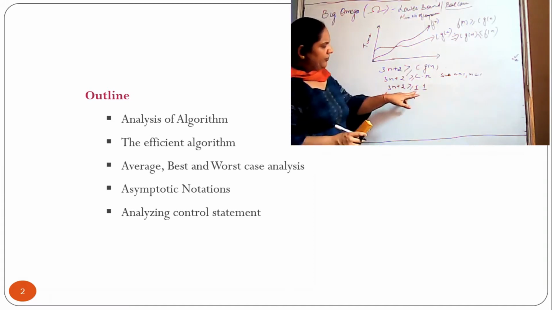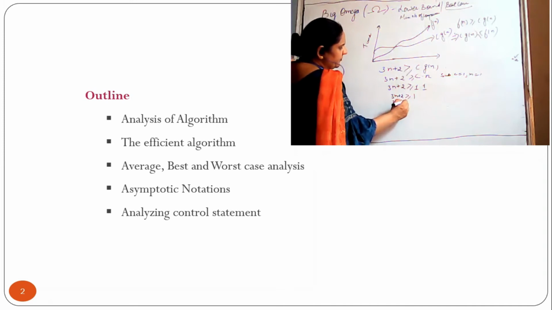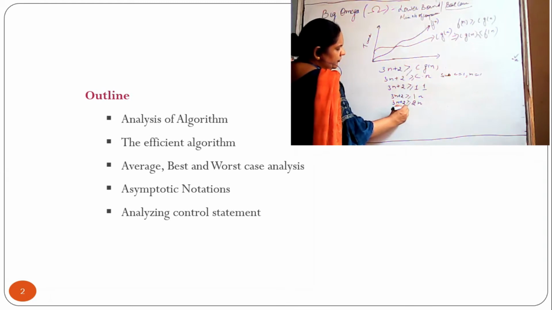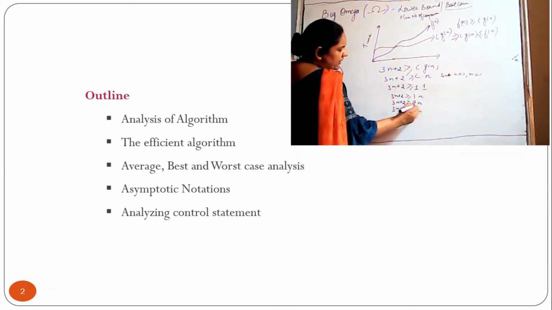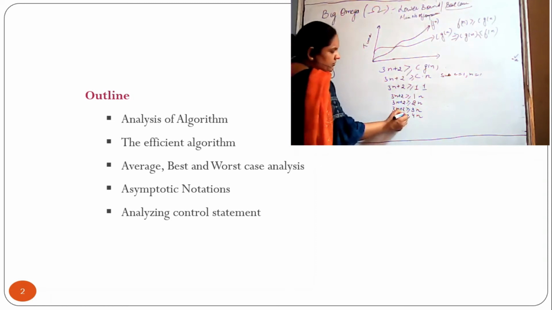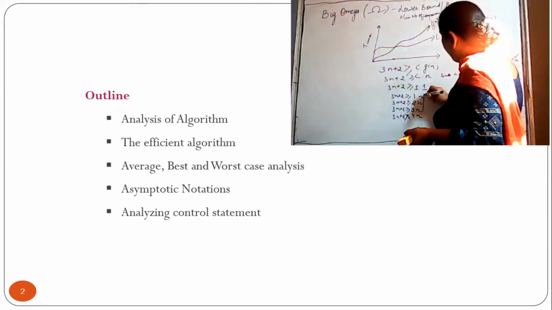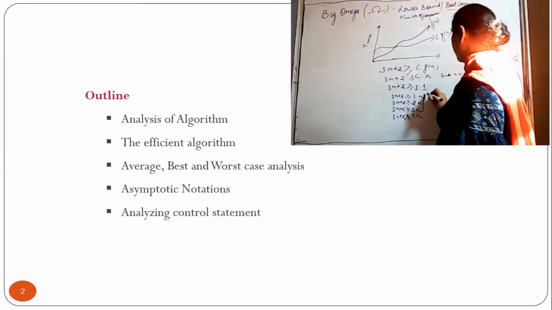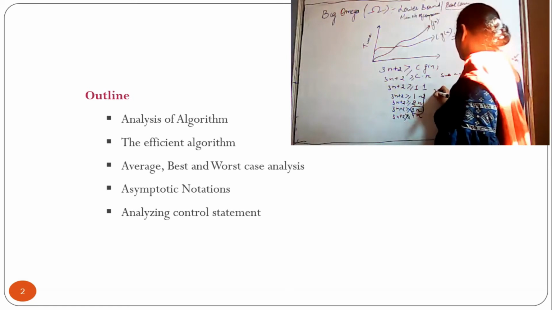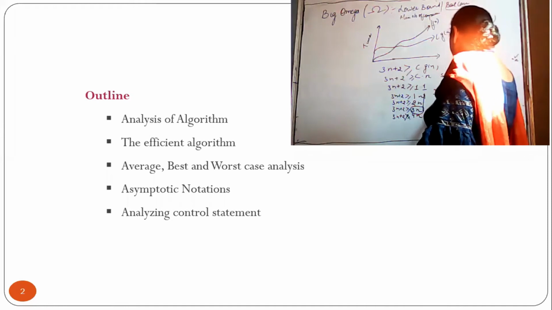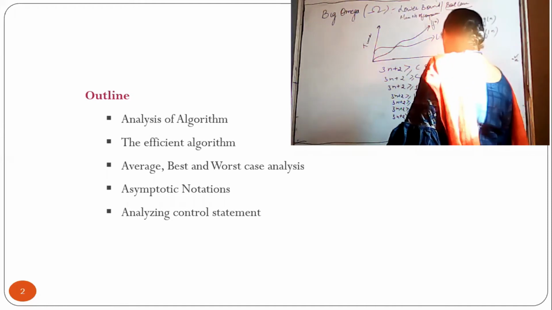Similarly, if I put 2, then 3n plus 2 is also greater than 2n, and 3n plus 2 will always be greater than 3n. But if I say 3n plus 2 greater than 4n, no, because 4n is going to be greater than 3n plus 2, so this equation will not hold. That means from 3n down to 1n, this equation will hold. So the tightest bound for this equation would be 3n plus 2 is greater than 3n. So 3n would be the closest bound for this equation.